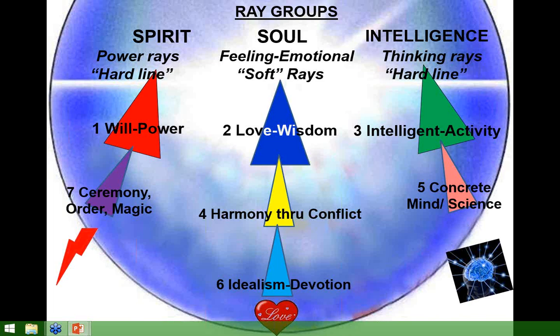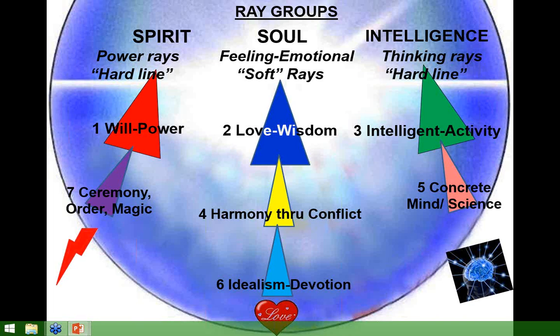And as people progress and become more soul-infused and step onto the path, and as their consciousness expands, then you will start to see more of the altruistic and higher expressions of the rays themselves. So it all depends upon where a person stands on the path as to how a person might express that ray energy.